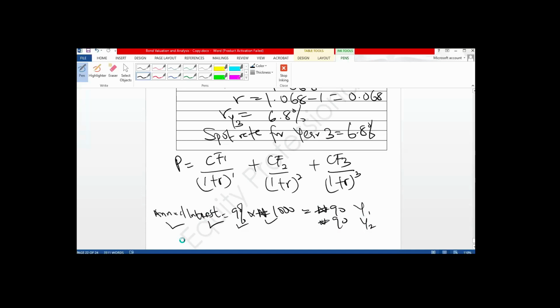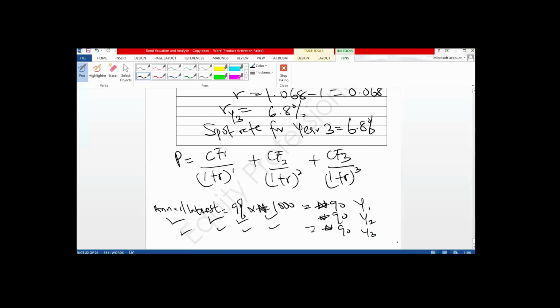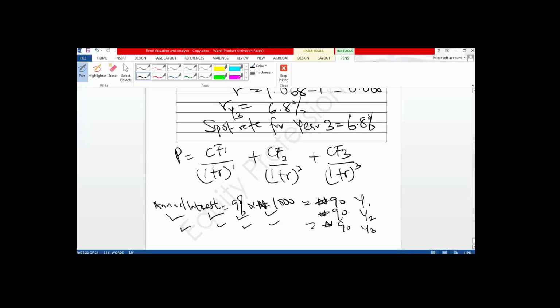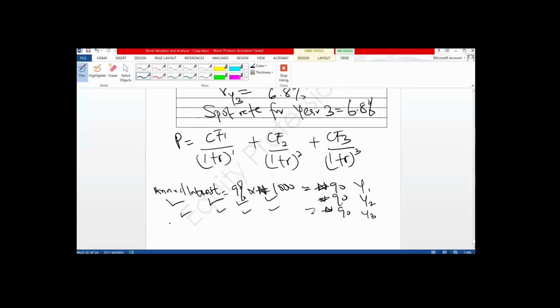Annual interest in year 3 is also 90 naira. In year 3, the bond will be redeemed. Examiner is silent about redemption. We are going to assume that the bond will be redeemed at the face value, 1,000 naira. In year 3, I have 1,090.